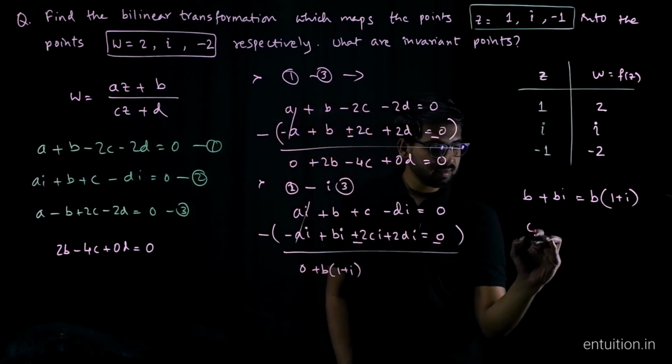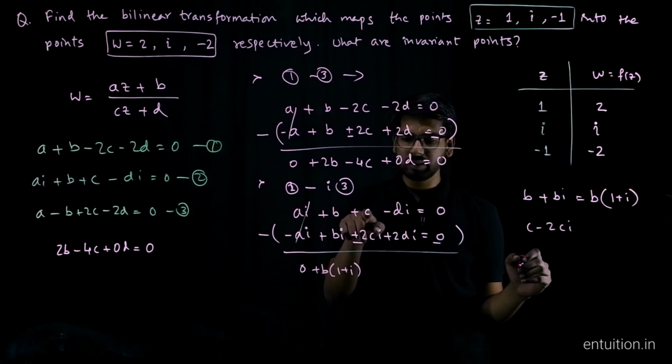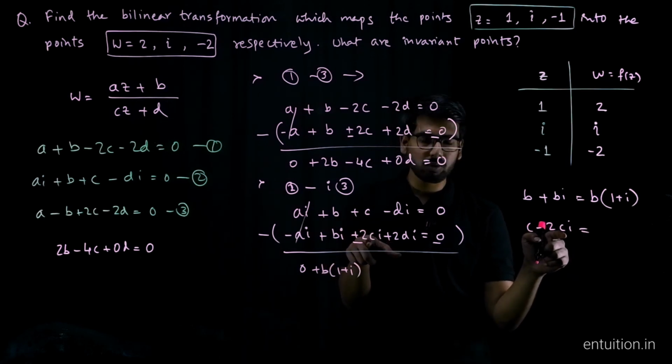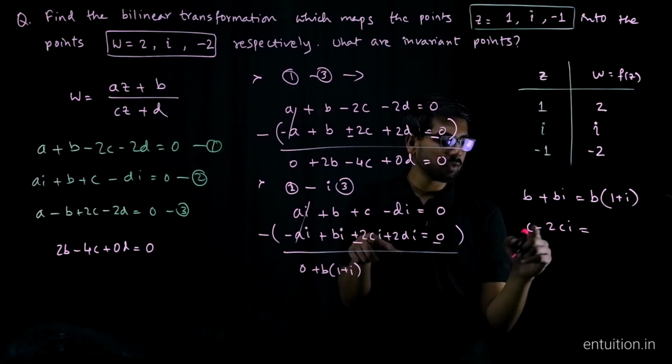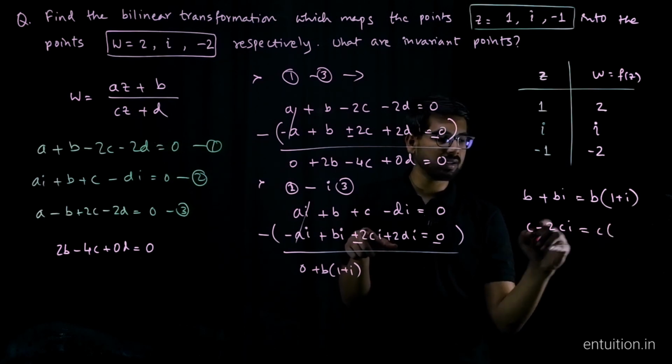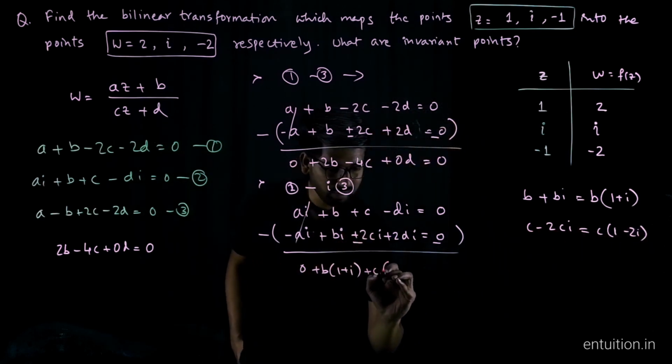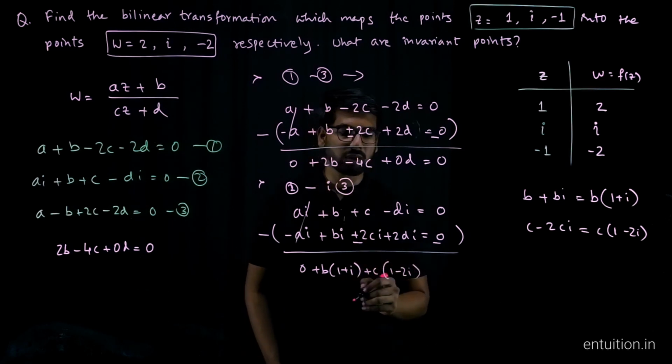Similarly, c minus 2ci. Again, there is i only on one term, so we have to factor out c. If you factor out c, you will get 1 and minus 2i. So it is plus c times 1 minus 2i.